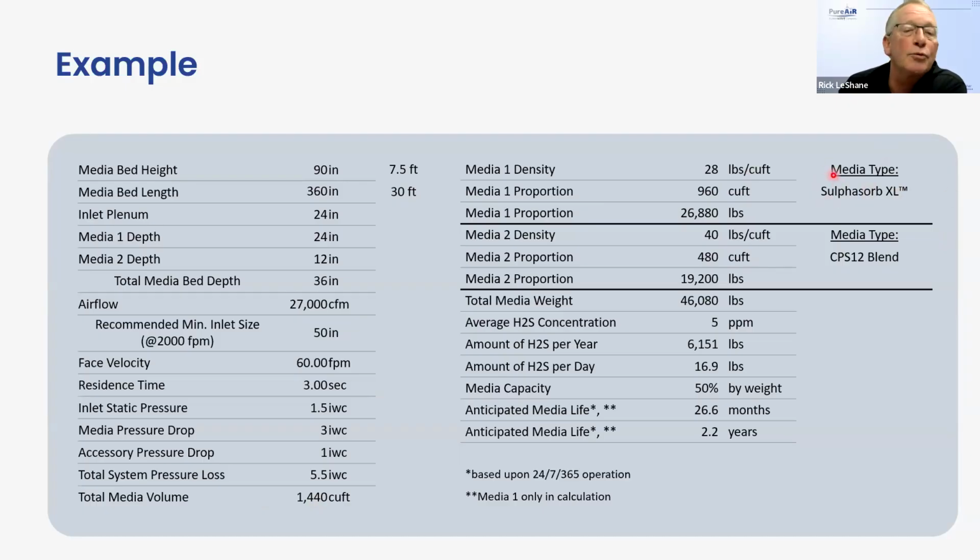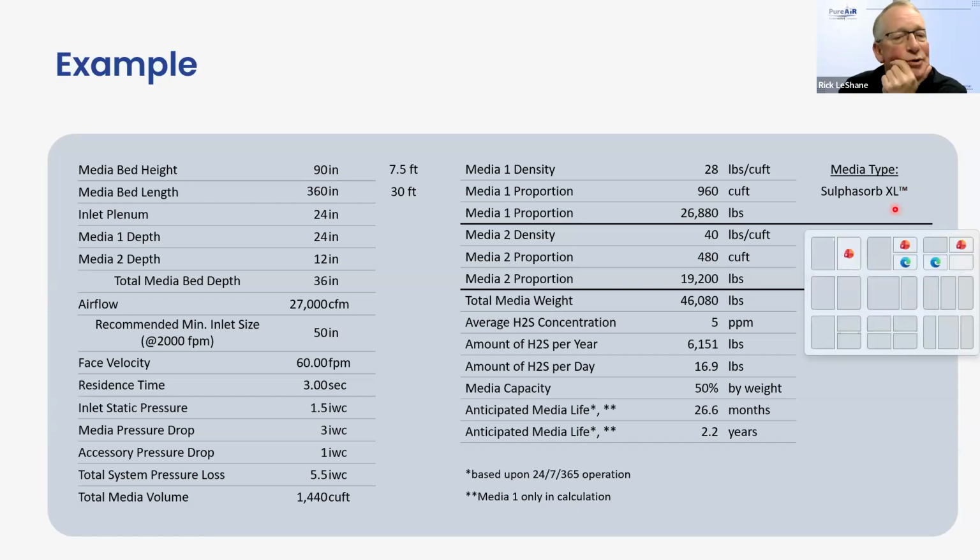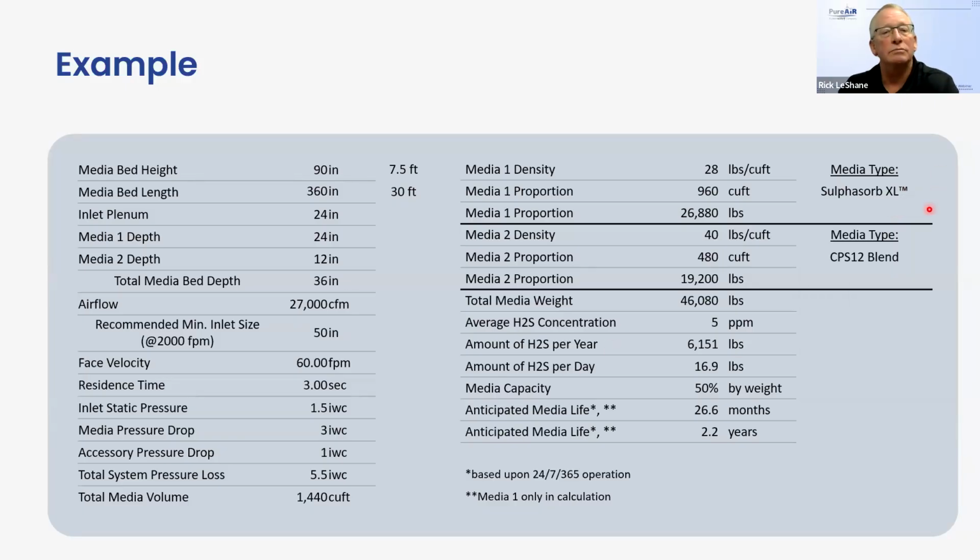This would be our roughing section going after the H2S using our high capacity H2S Sulfosorb XL media. And all the gases that can be detected after the H2S has been absorbed by the Sulfosorb, that's where our polishing layer comes into play with our CBS12 blend, potassium permanganate spheres, and the activated carbon blend to get all the other odors associated with a wastewater system.